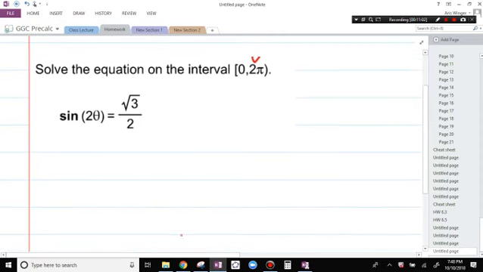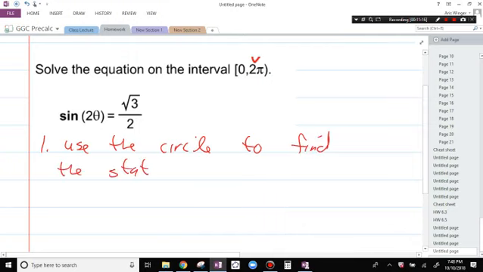First, you use the circle to find a statement for all solutions. So you do that first.